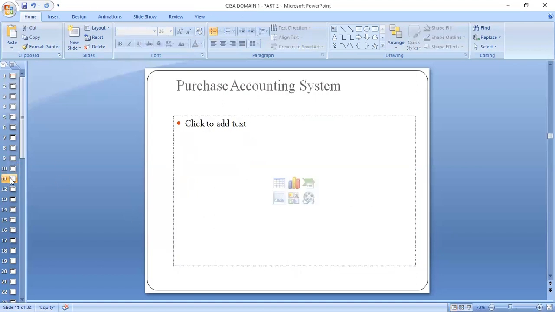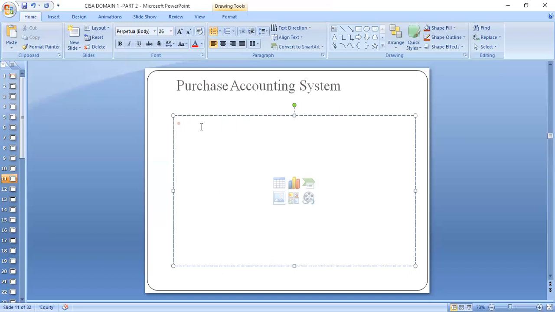Okay, then the purchase accounting system is a big deal. Basically any of your, let's call it your core business application, regardless of the organization where you are. So the auditor will definitely first review the process that we are using the accounting system for. Review the process, understand that business process, the process flow, very, very well.